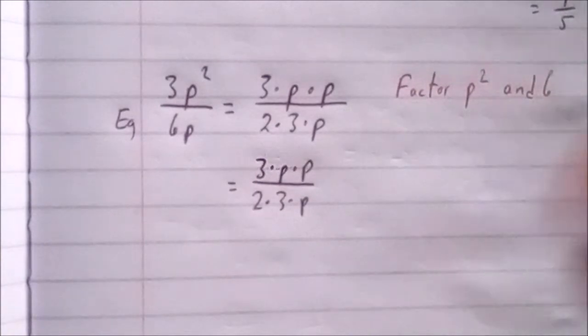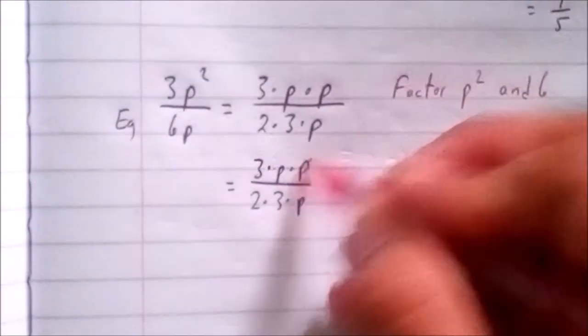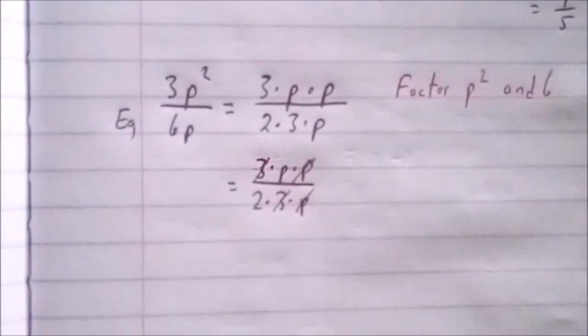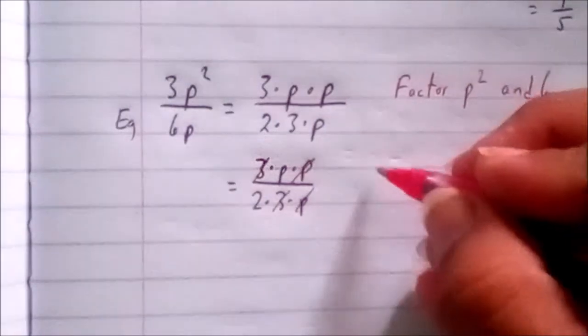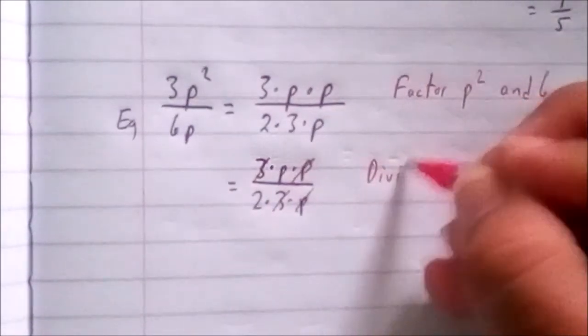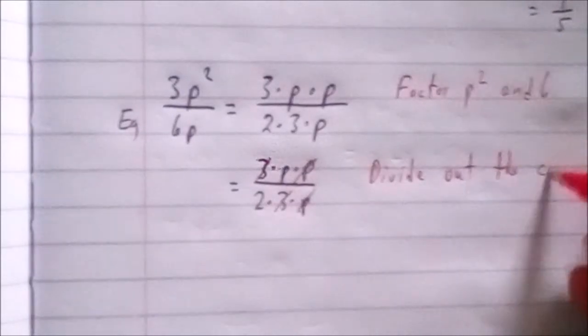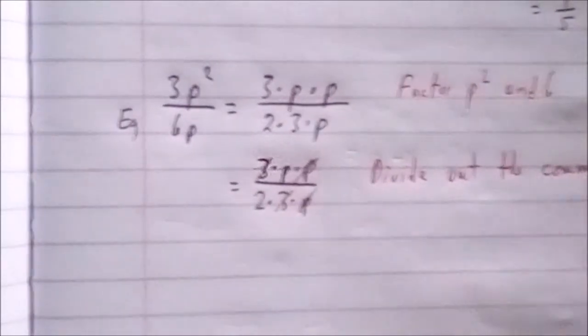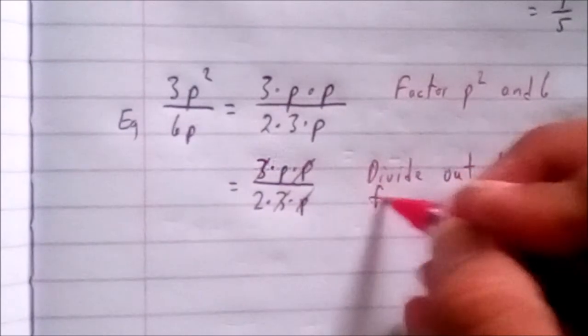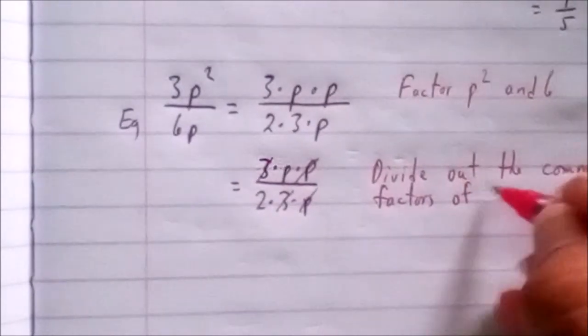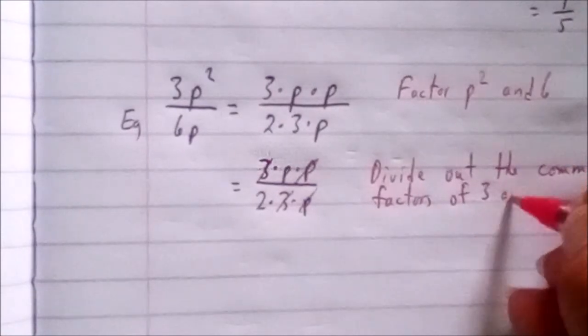So cancel out: a p and p cancel out, and a 3 and 3 cancel out. So we divide out the common factors. What I did here is divide out the common factors of 3 and p.